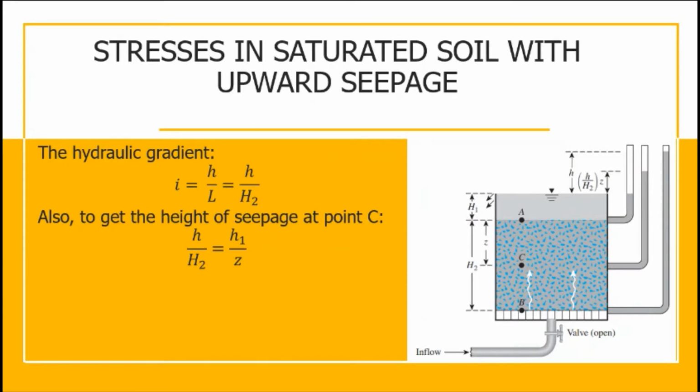Let us first label this as h1. And this will be h1 over Z. What is Z? This is the length of soil from A to C. So, in order for us to get H sub 1, we transpose and we get H sub 1 is equal to H, the seepage, over H sub 2, multiplied by Z. This is the value here.